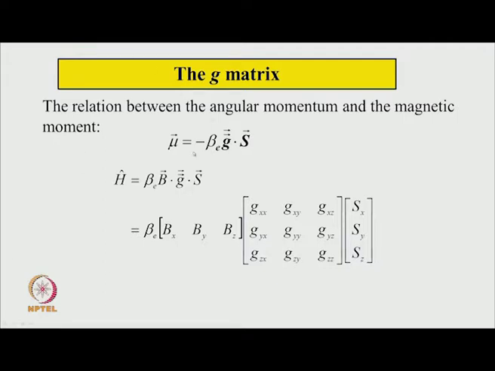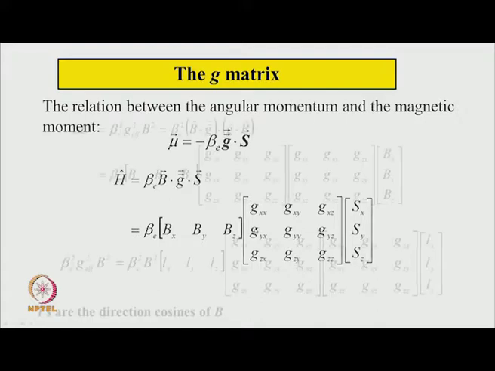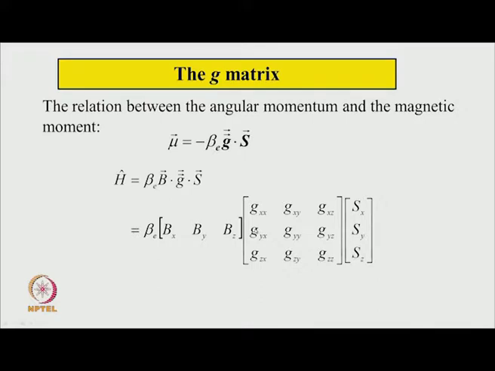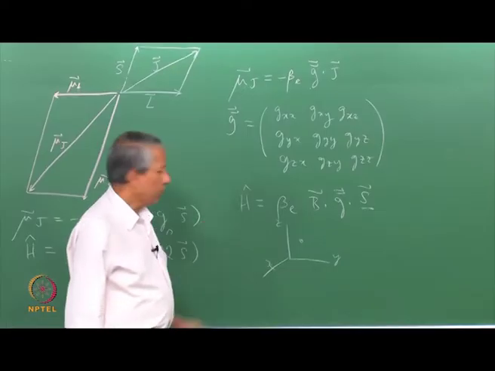So, as I said earlier, mu is written as the product of this 3 by 3 matrix with this effective spin angular momentum, giving rise to this sort of multiplication. Here B is the magnetic field written as a row vector, because that is the way the multiplication has to be carried out for compatibility with the rules of matrix multiplication. Now, with this one, S is taken to be the effective spin.